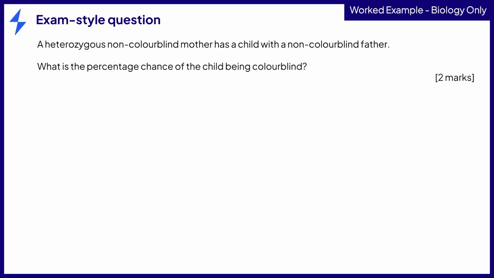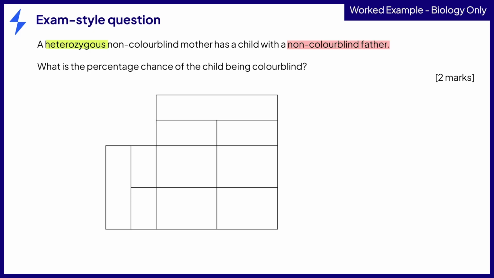Here is a type of exam question you may get asked on this topic. We've got two parents. The mother is heterozygous and the father does not have color blindness. We can start by drawing a Punnett square and filling in the parental genotypes onto the grid. The next step is to complete the grid with the potential children's genotypes.